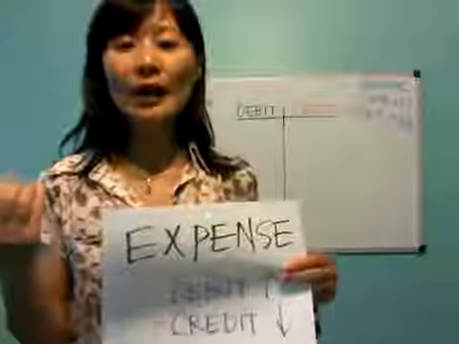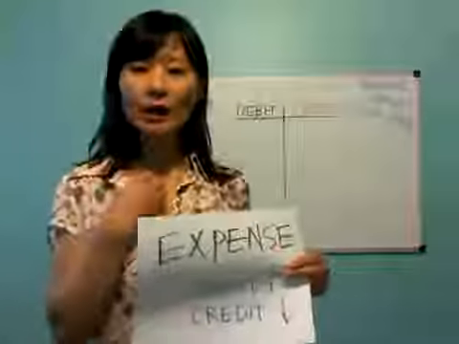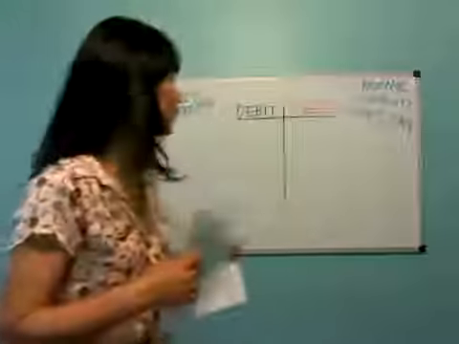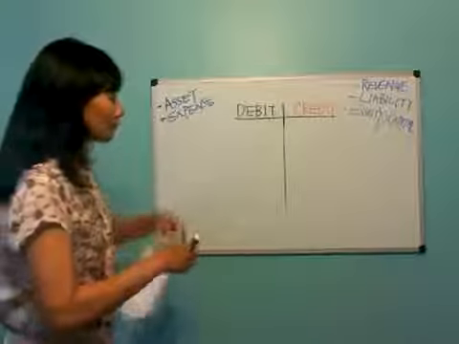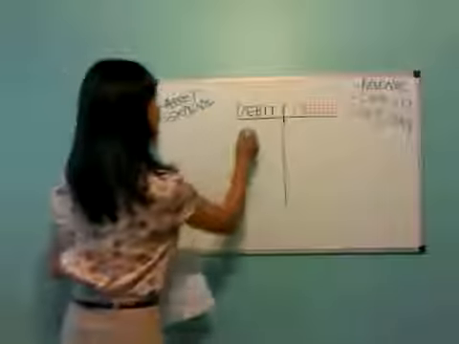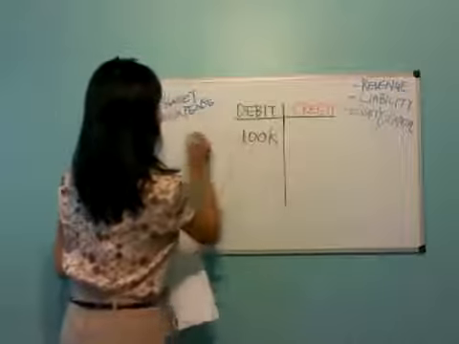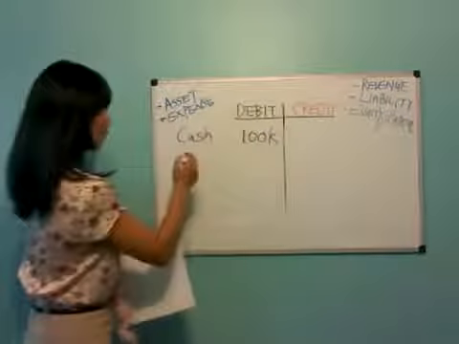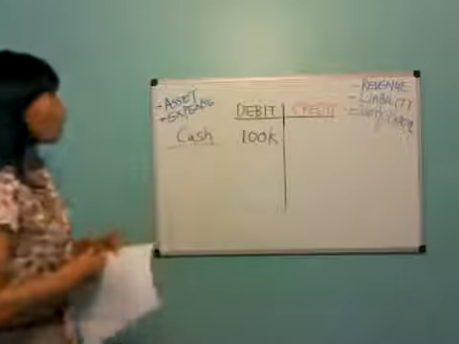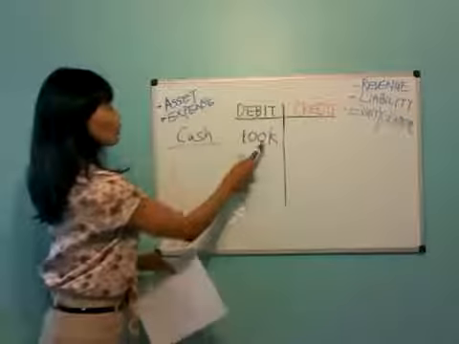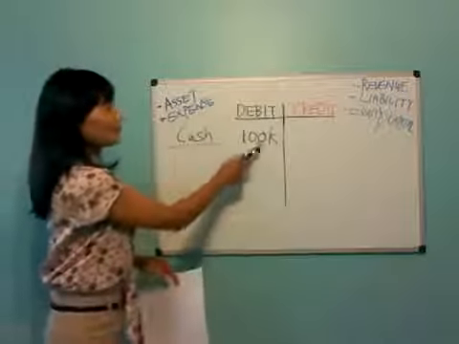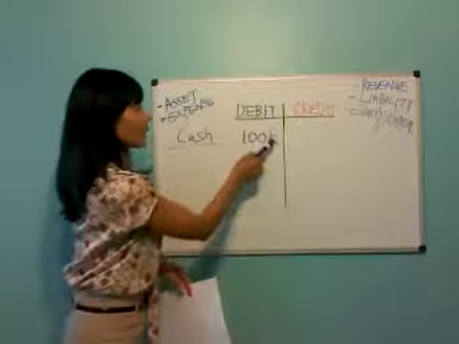So say our company just made cash. My customer gave our company cash, $100,000. If I put that 100,000 right here and put which account? Cash went up by 100,000. I put that amount under the debit side.